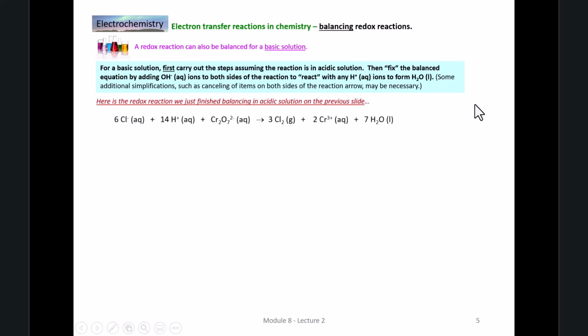So here's the redox reaction we just finished balancing in acidic solution on the previous slide. Let's suppose the original question said, balance this reaction in basic solution. Well, what I would suggest you do is balance it in acidic solution. You'd arrive at this answer, and then you'd say, well, look, we need to get rid of the hydrogen ions, so I'm going to add 14 hydroxides to the left.